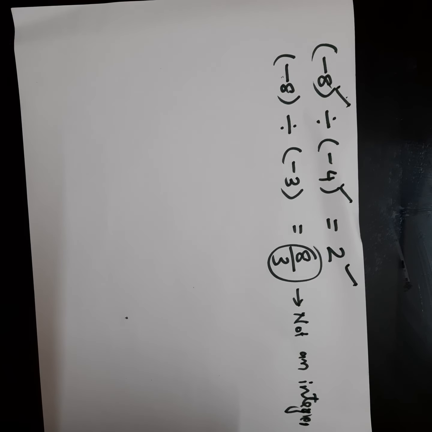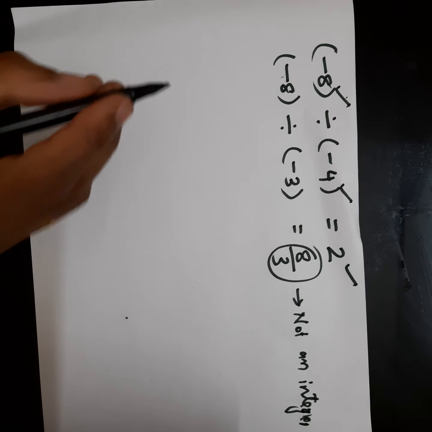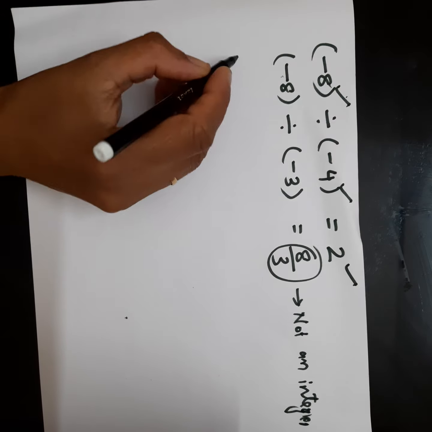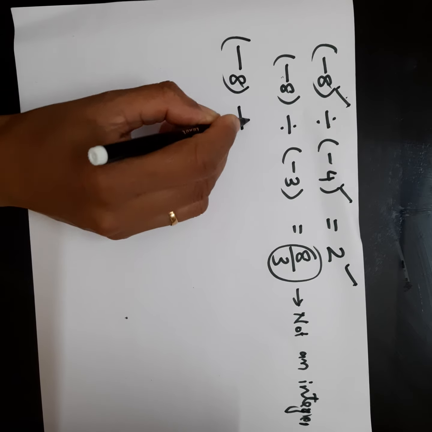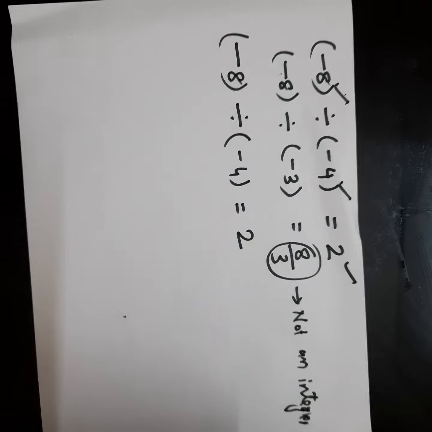Now the next property is the commutative property. In the commutative property, what is it? Changing the order. In the case of addition and multiplication, we studied changing the order; we can add or multiply in any order. So here let us see if division can be done in any order. The same example we can take. Minus 8 divided by minus 4 is equal to 2. Correct?